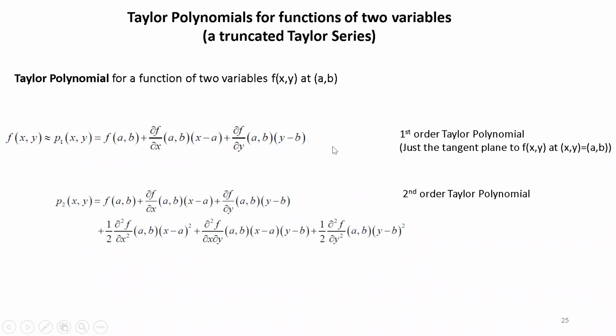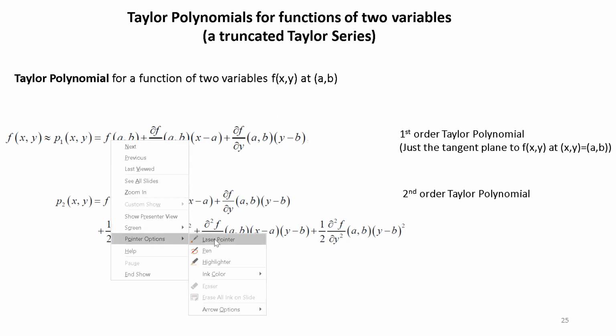Here I just give you the form for the first order and the second order Taylor polynomials. I will show you the form first, and then explain a bit why they should look like this. What you have here, the first order, is a constant term.